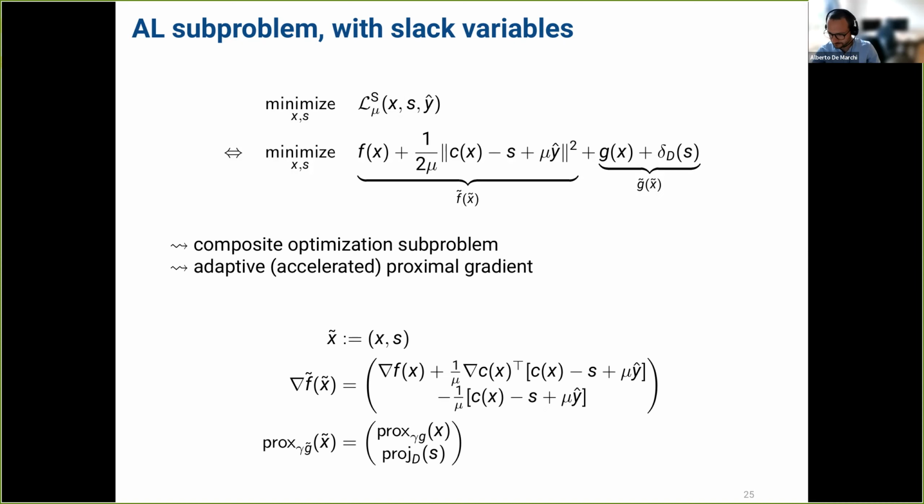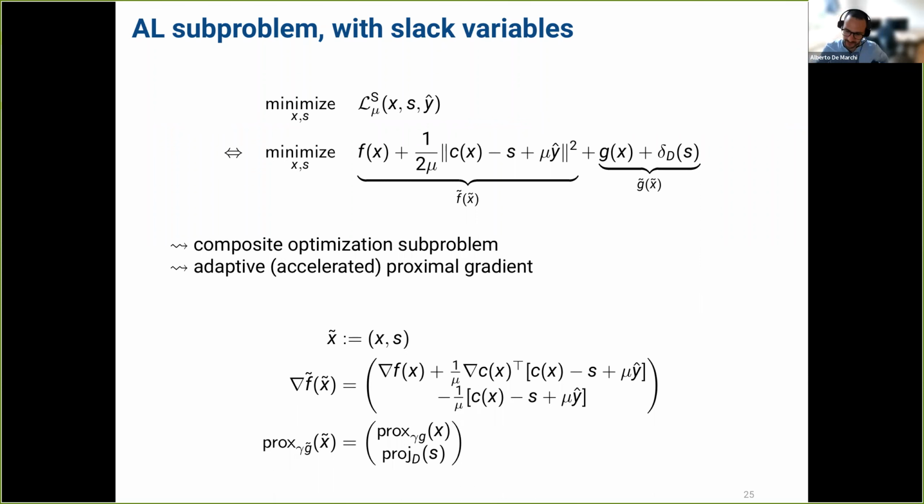And here it is important also to have a look at the gradient of f tilde. So you can see that in this expression we don't need to evaluate just the Jacobian, but we just need this matrix vector multiplication to get the gradient of f tilde.